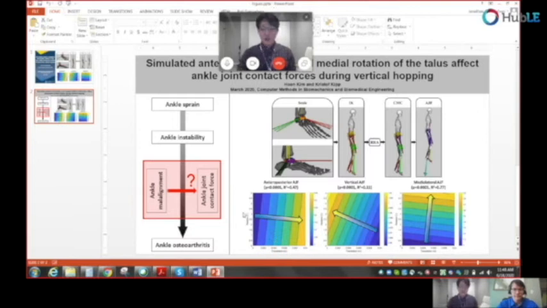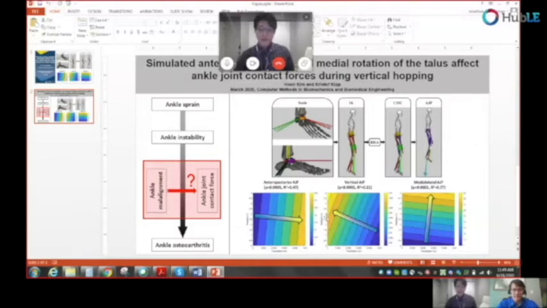So when you see the first one, the color pattern is changing horizontally. That means the ankle joint contact force in the anterior-posterior direction was more affected by the anterior translation of the talus than the medial rotation of the talus. Okay. Yep. And then if we come to the second plot here.